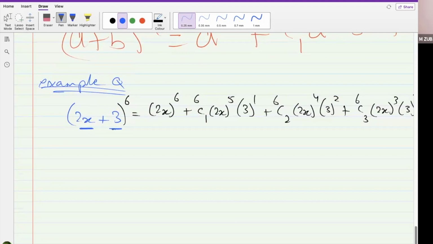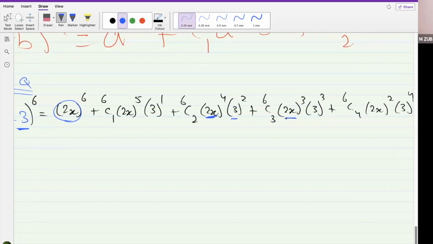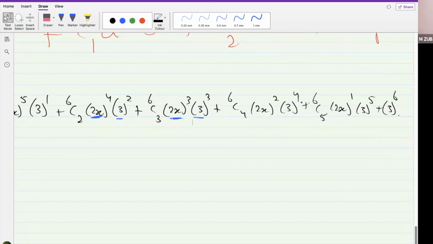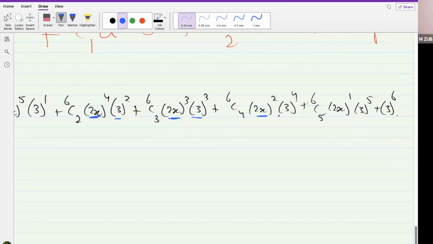So it is a raised to power n, then 6C1 a^(n-1) b^1, 6C2 a^(n-2) b^2, 6C3 a^(n-3) b^3, 6C4 a^(n-4) b^4, 6C5 a^(n-5) b^5, and the last one is actually 6C6, which is 1, and if we write a, that would be a^(6-6), which is again 1.